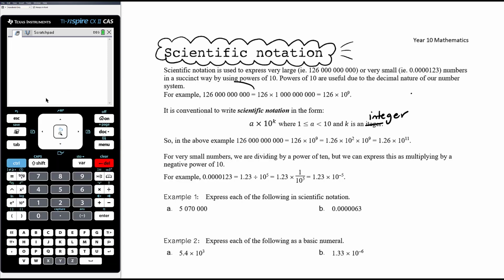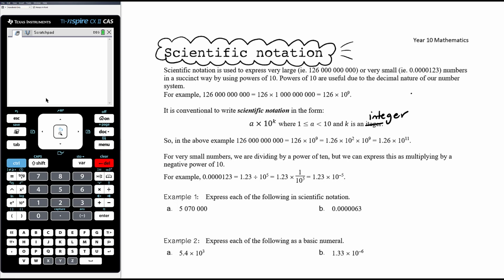So this number in scientific notation is 1.26 times 10 to the power of 11, meaning we take this decimal point from here and we move it to the right 11 times. So moving it to the right twice will get us to 126, and then a further 9 will add 9 zeros onto the end of 126.